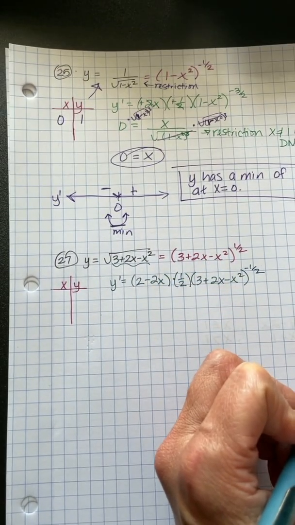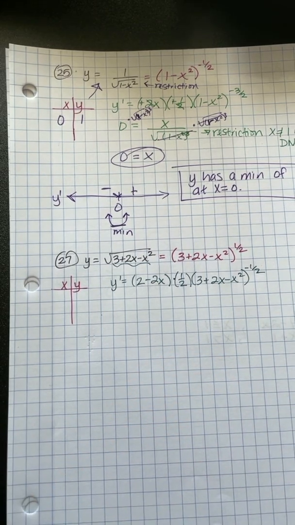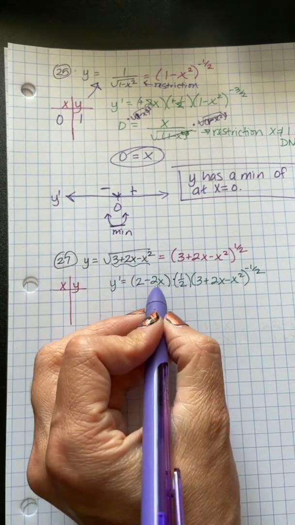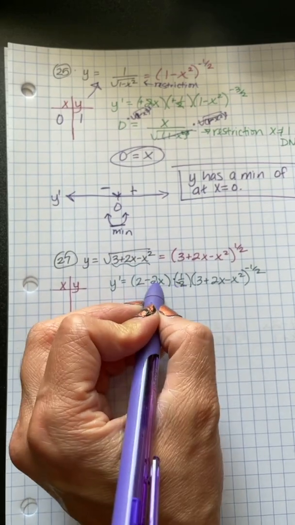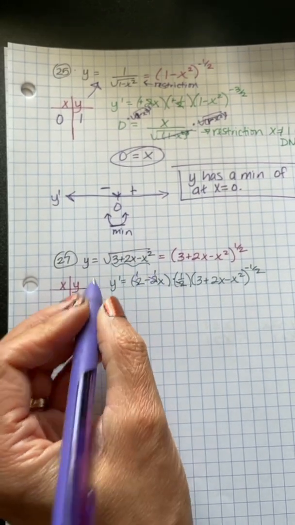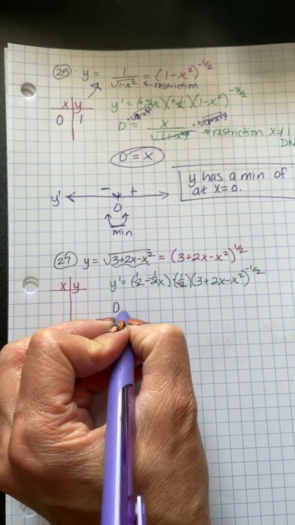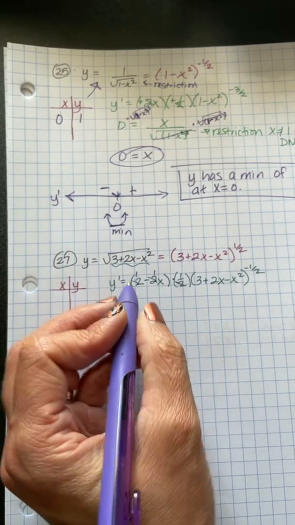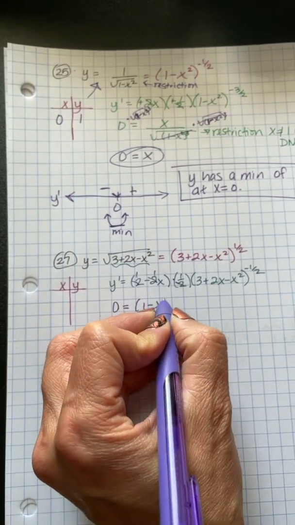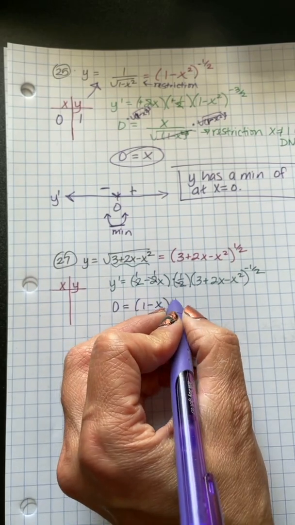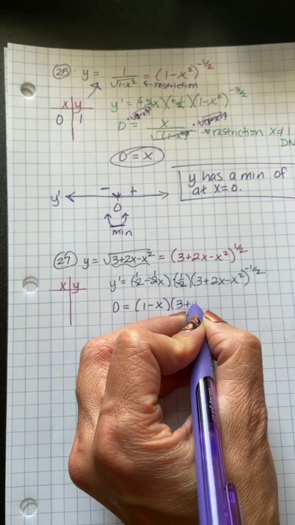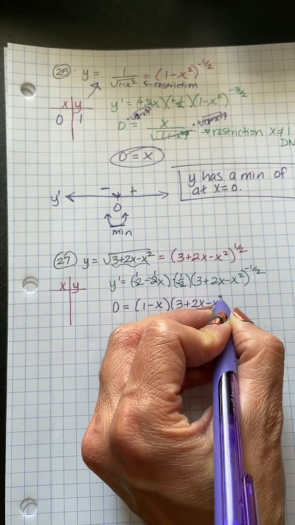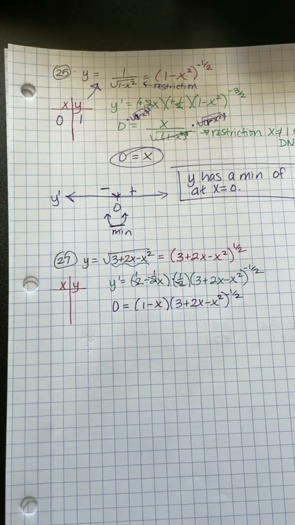Let's clean this up some. These all have 2s, so we can take out this 2 with each of these. Those turn into 1s. We'll just set it equal to 0 because we're going to have to do that anyway. 1 minus x times 3 plus 2x minus x squared to the -1/2 power.